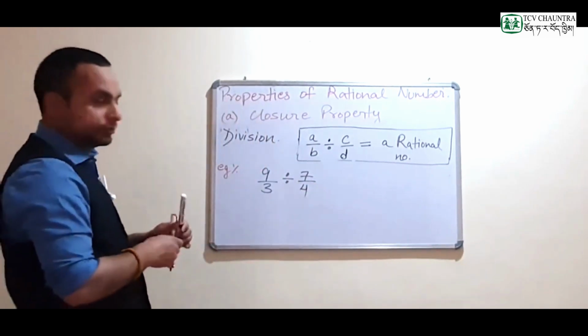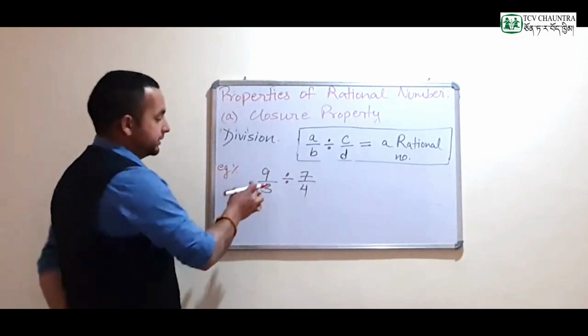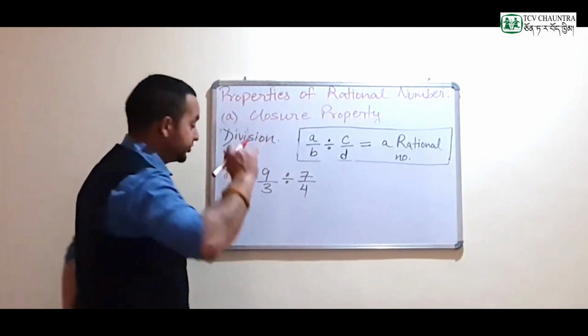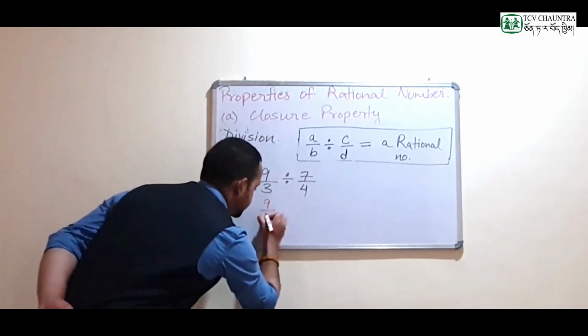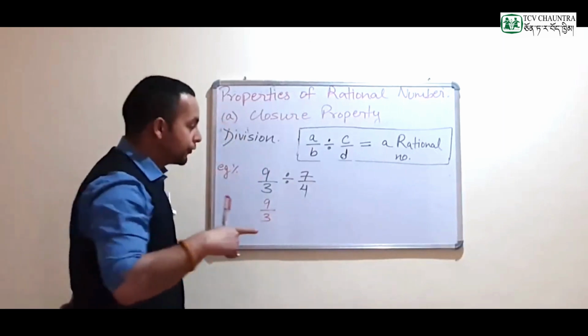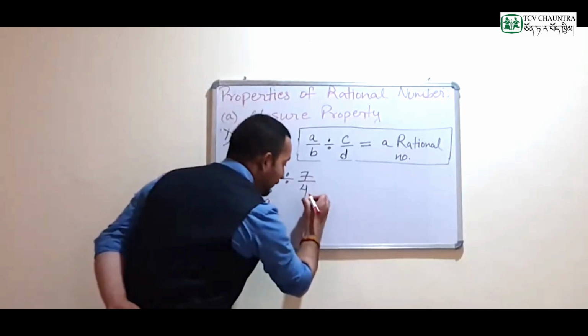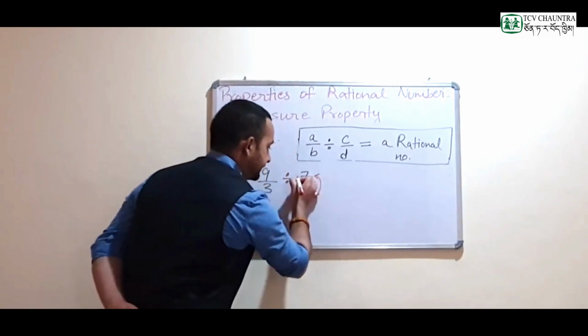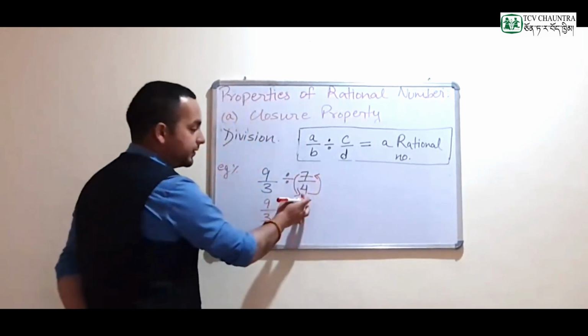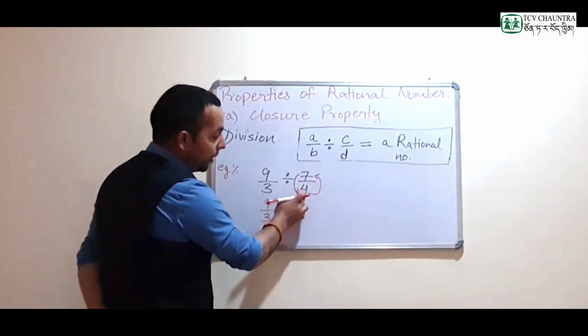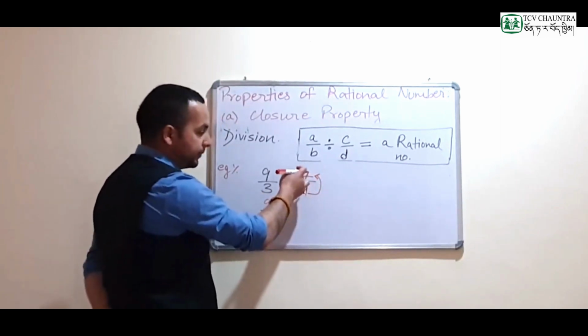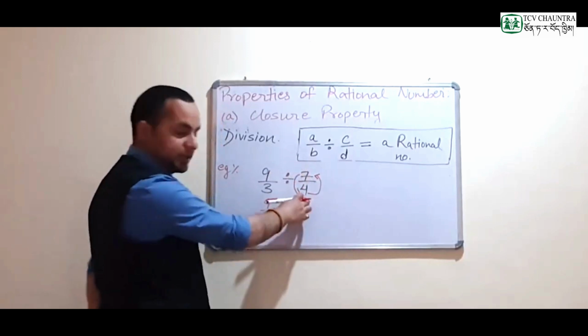Again what we will do, we will write the first rational number as it is and we will take the reciprocal of the second rational number. We will interchange their places, which means we will make the denominator the numerator and keep the numerator as the denominator.